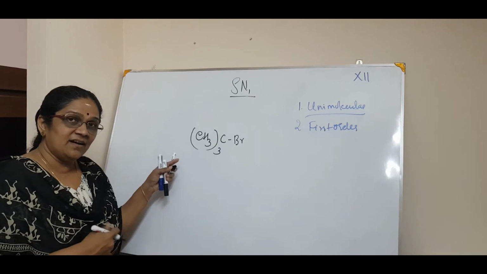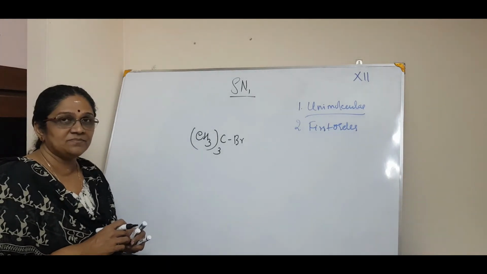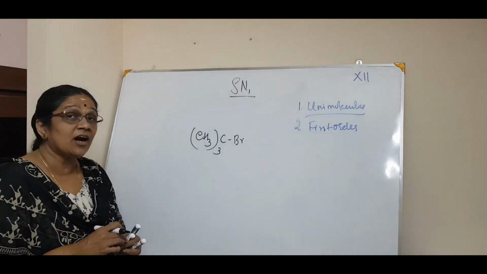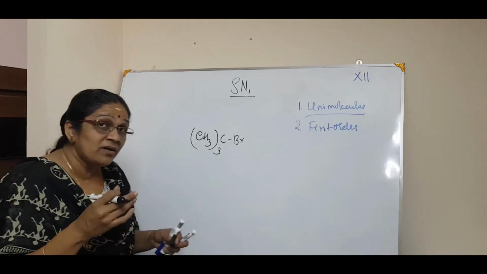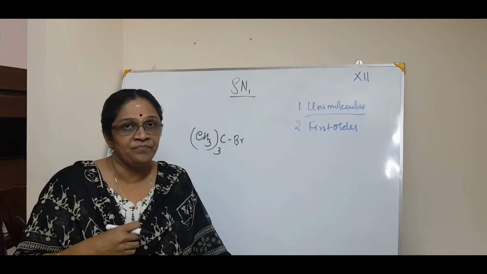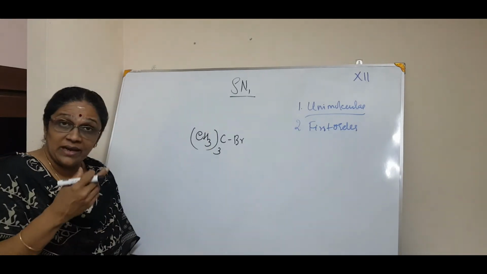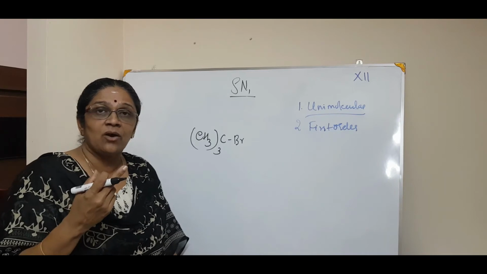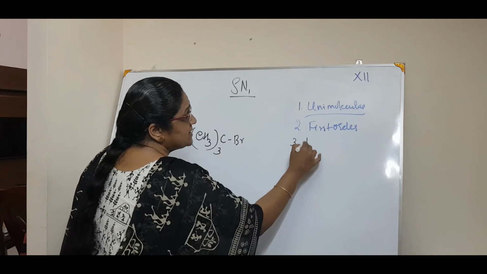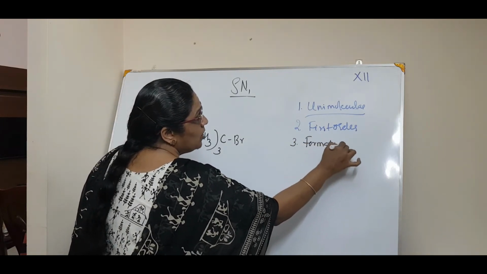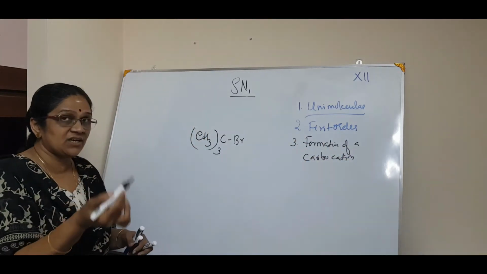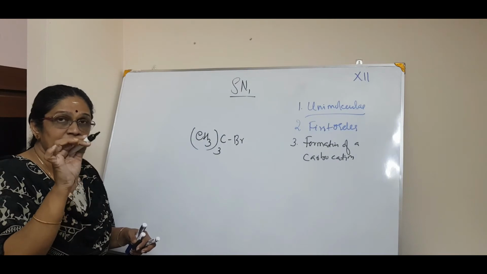For some reason I have taken this tertiary carbon atom, and I will tell you the reason also. Because we have to get a carbocation here. Like what we said in the SN2 mechanism, where the very important point is the inversion of configuration, in the SN1 reaction the very important point is the formation of a carbocation, a carbon with a plus sign.